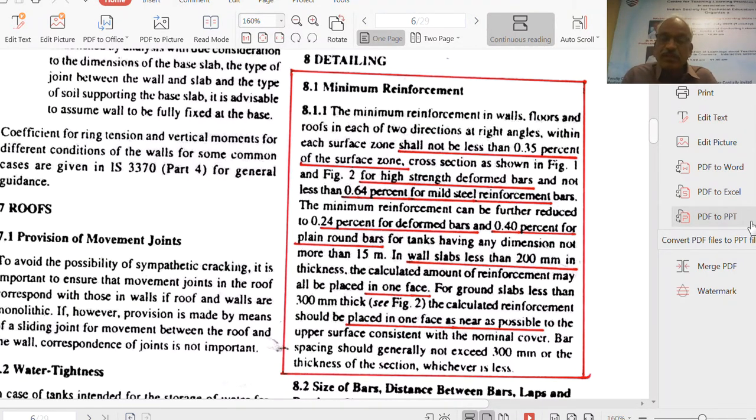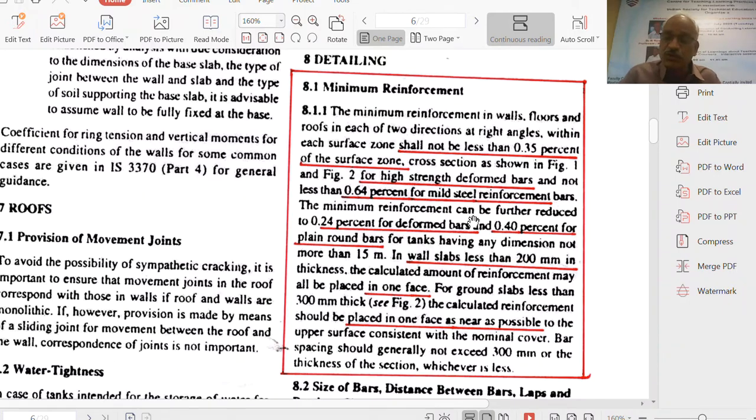Further, the minimum reinforcement can be reduced to 0.24%. In our design, we have used high strength deformed bars, so we have used 0.24%. You have to become familiar with when we can use 0.24%, because later we need not come back again and discuss. That is why I am going slowly.